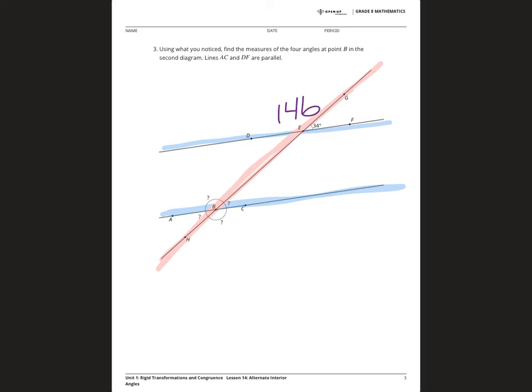So remember how I told you guys about the word alternate exterior? Now remember, you can trace these, but remember alternate exterior, so I'm looking on the exterior, and these two are alternating on exterior sides. So they're going to be 146, both of them, okay? Then look here, 34, alternate exterior, 34 degrees, okay?